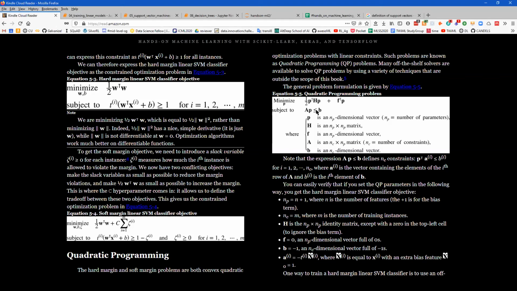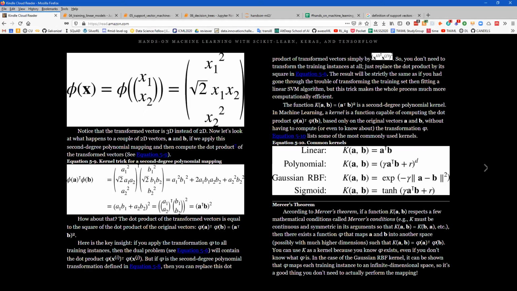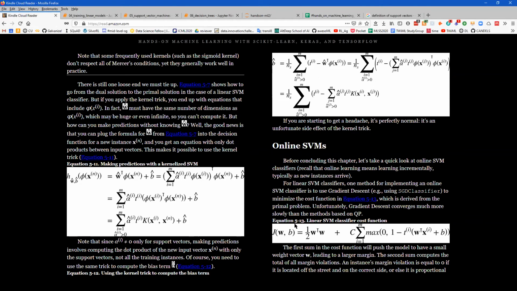Let's see. I guess there's a page where it shows how the loss function looks. I want to navigate to that. It's in the online SVM section. So here's what the loss function looks like. There's the W transpose W, and then we have this max of W transpose X plus B. That looks similar.